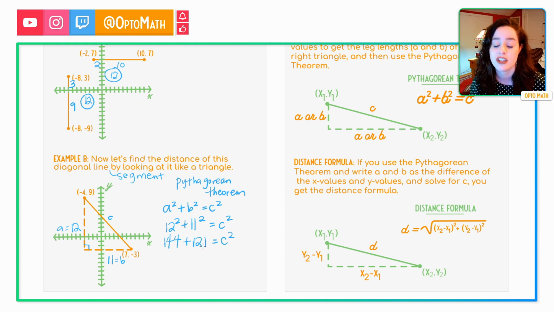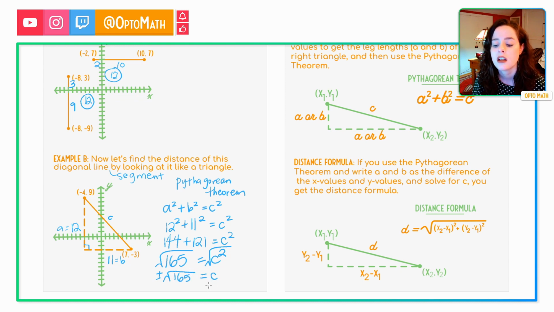So let's add these two. 144 plus 121, so it's 165. And that's C squared. So if we want to find what C is, we're going to take the square root of both sides. Now remember, when you take the square root, it's going to be plus or minus. So it's going to be plus or minus the square root of 165.